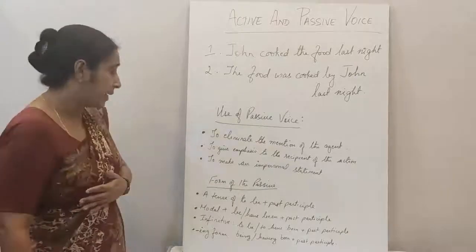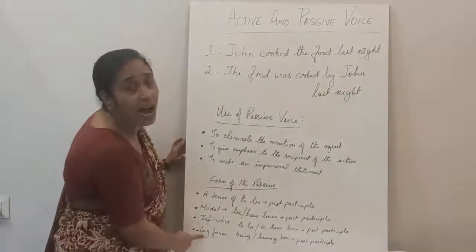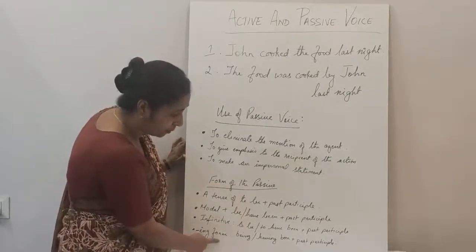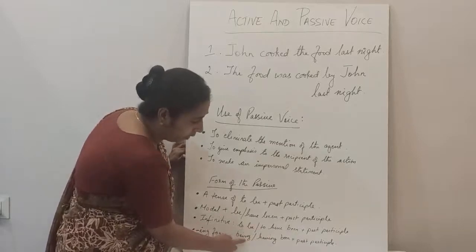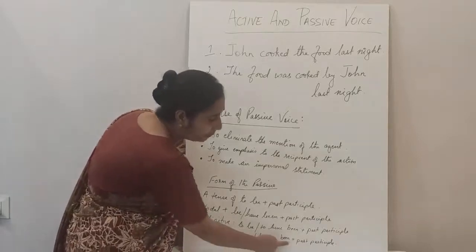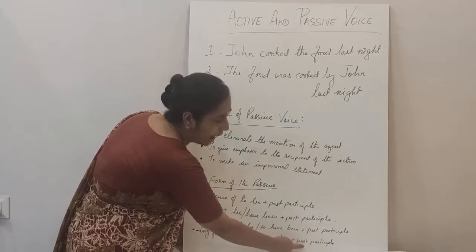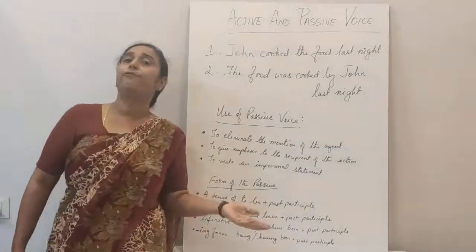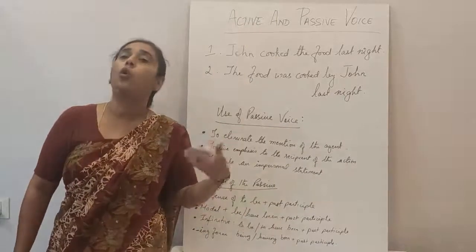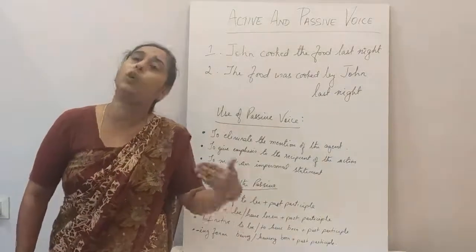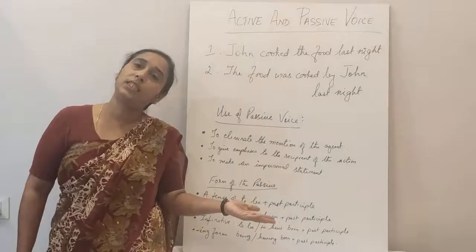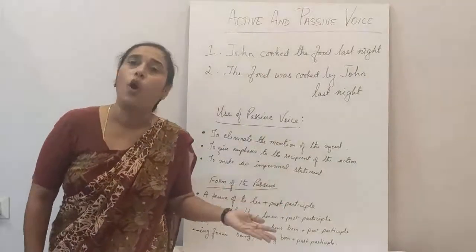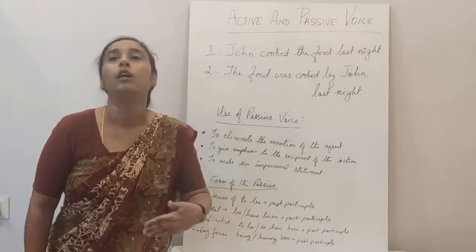Next, in the ing form, that is being or having been plus past participle. Example, in active voice, we say cooking or having cooked. In passive voice, we say being or having been cooked.